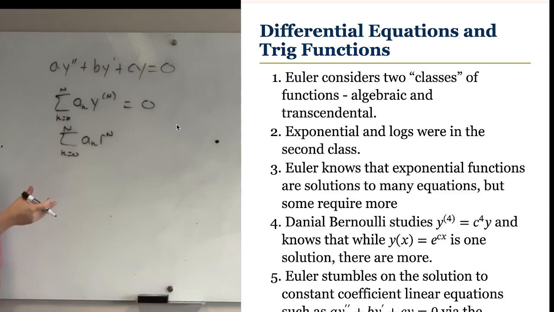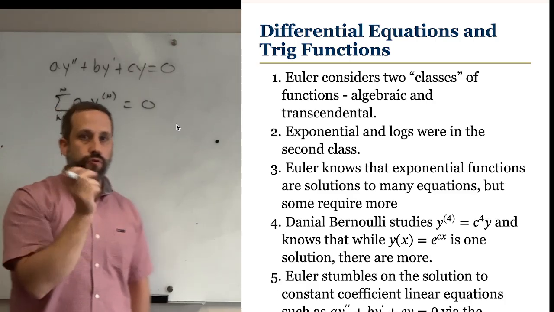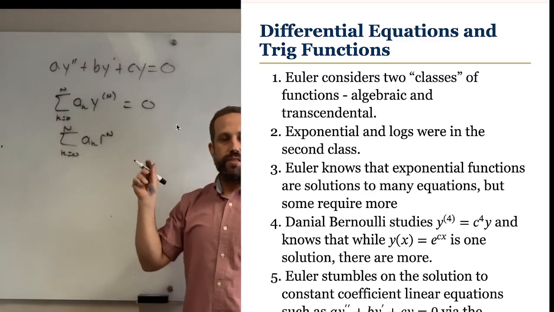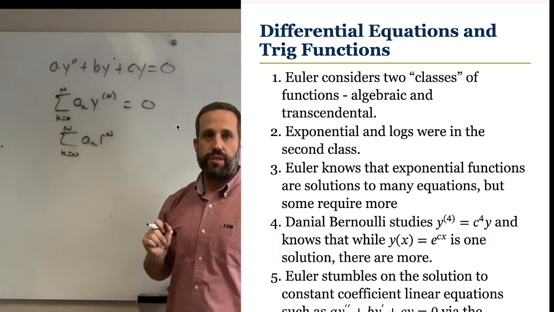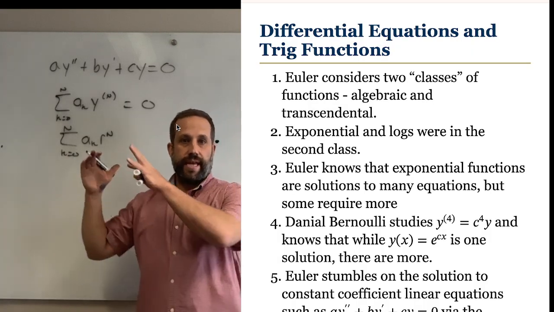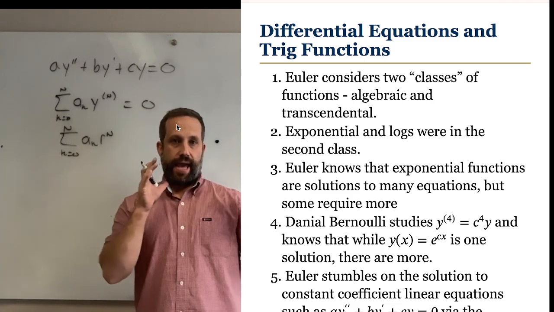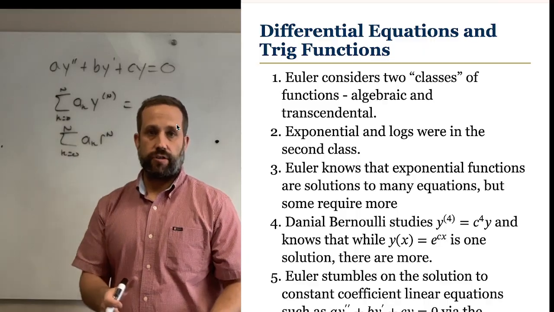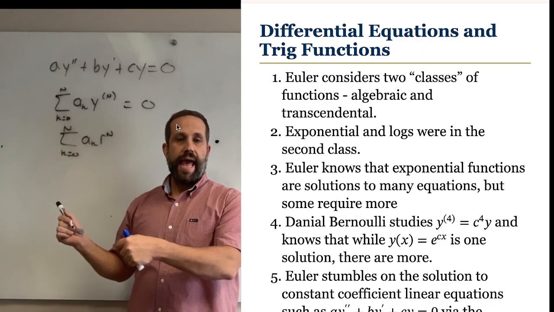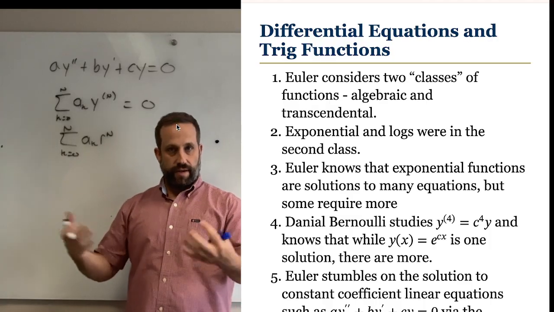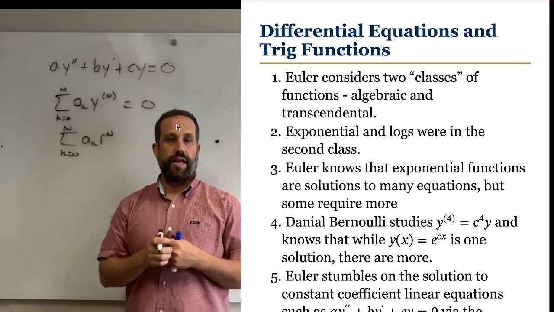Now, if you factor this polynomial into its irreducible factors, you're going to get linear factors and irreducible quadratic factors. The linear factors are going to give these exponential solutions, and the quadratic factors are going to give these exponential cosine and sine solutions.